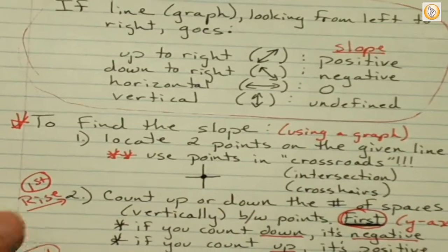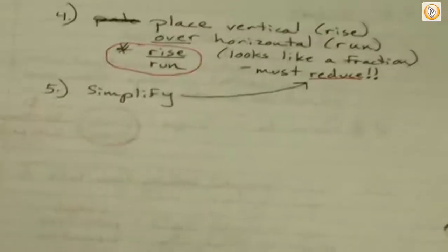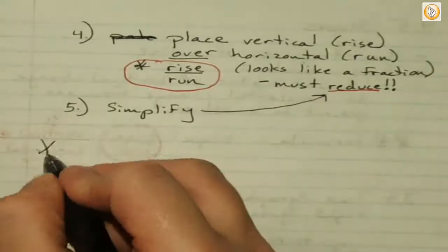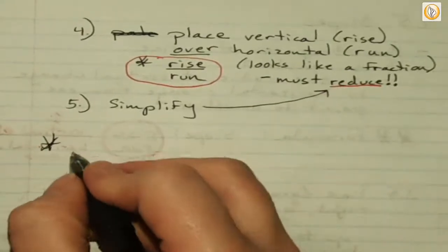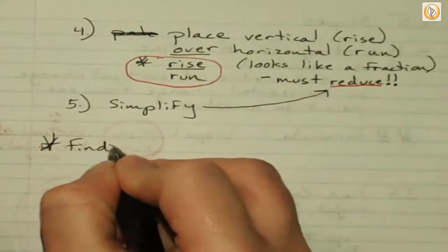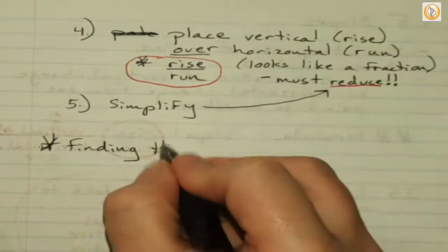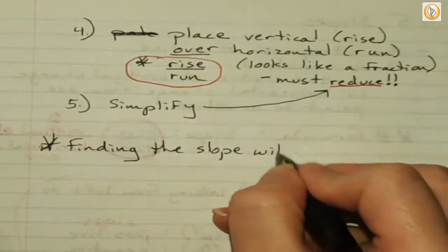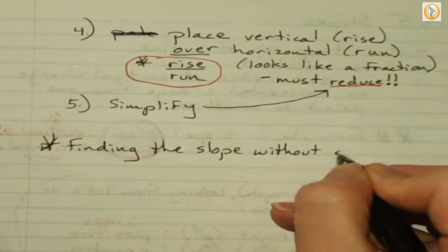Okay? Now I'm going to show you, and then I'm going to start doing the examples, and you're going to be like, oh, I gotcha. So now we're going to be finding the slope without a graph.